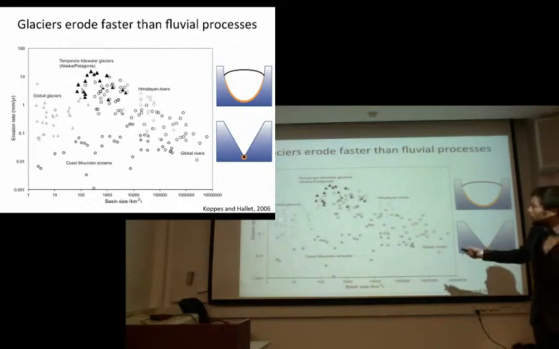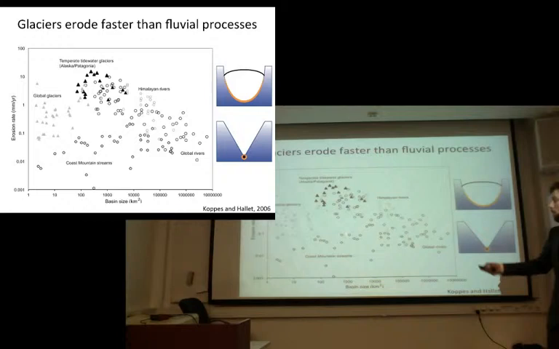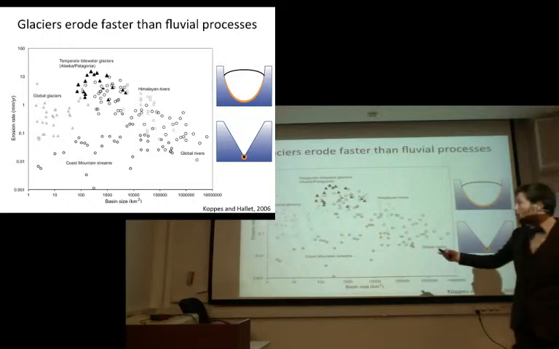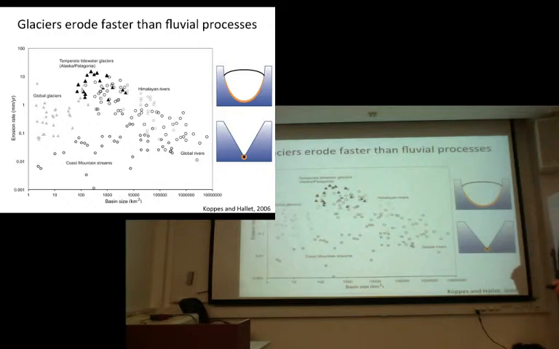They are a bit higher than these basins, but they also erode much smaller basins, because they are closer to the mountain than the rivers. So an important thing is they erode more, but they also erode at much smaller basins.